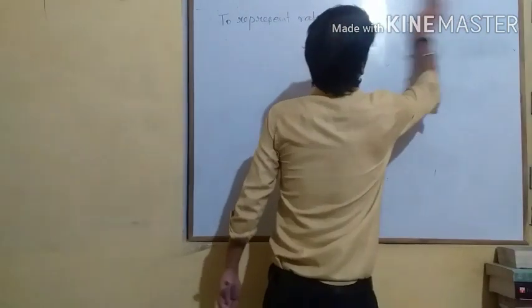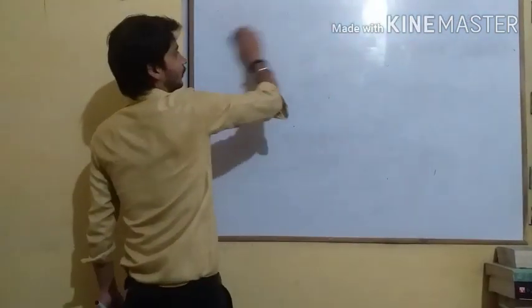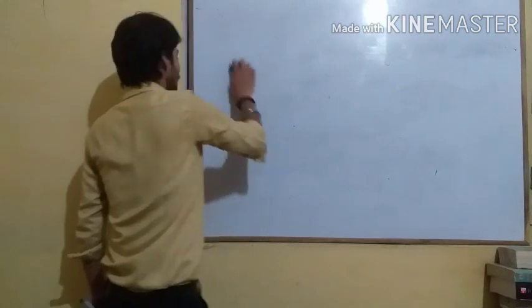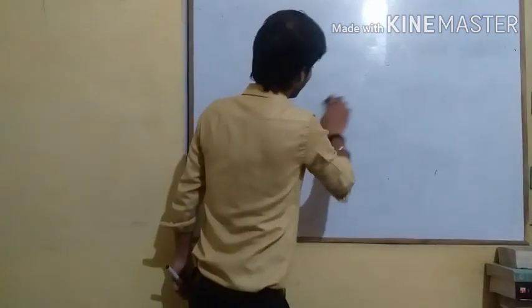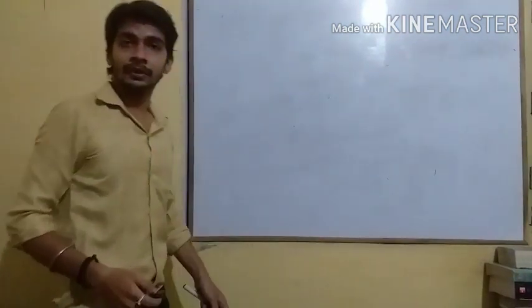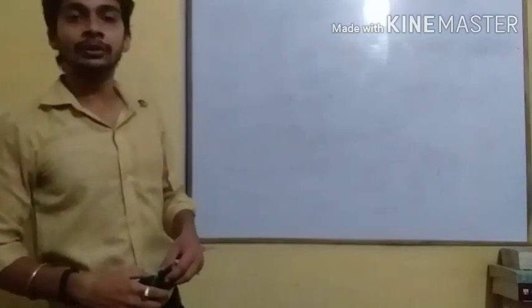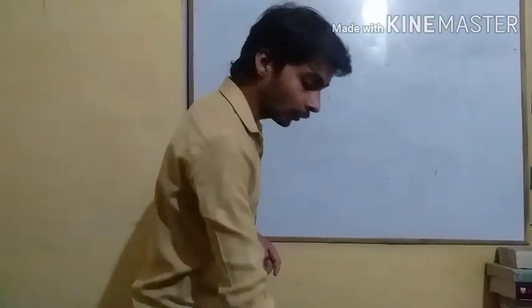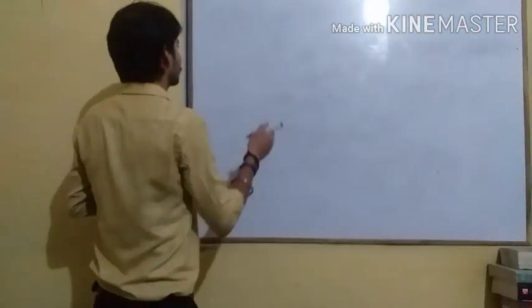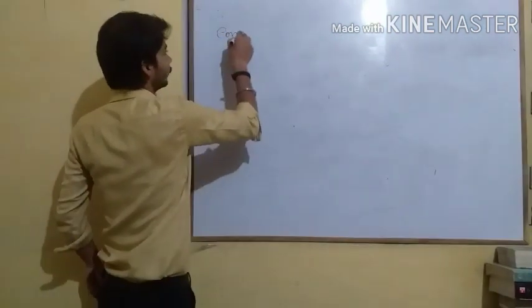Now we will learn the transformation of the non-terminating and the repeating decimal into the form of p upon q.